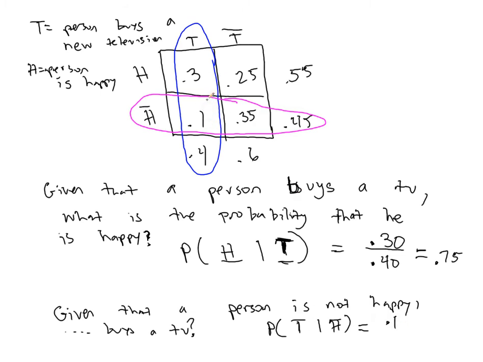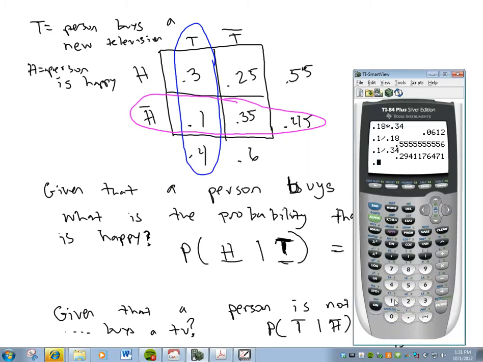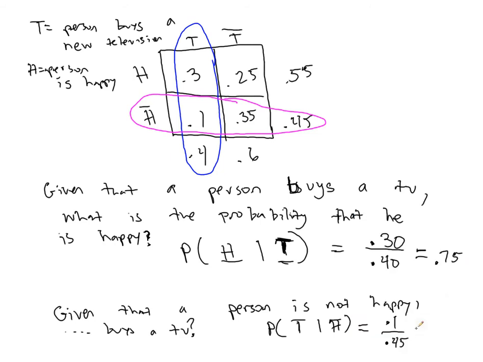That's the probability of T and not H, in other words. That's what cell we're in right now. So that's this and this divided by the probability that you're in this row, which is 0.45. And in total, 0.1 divided by 0.45 gives us about 22% chance.